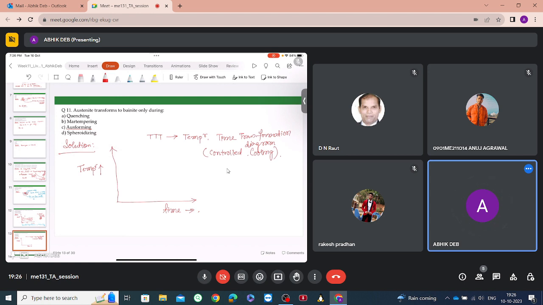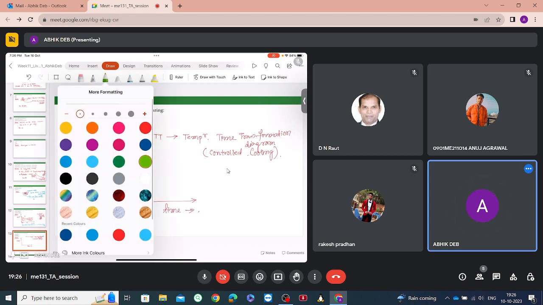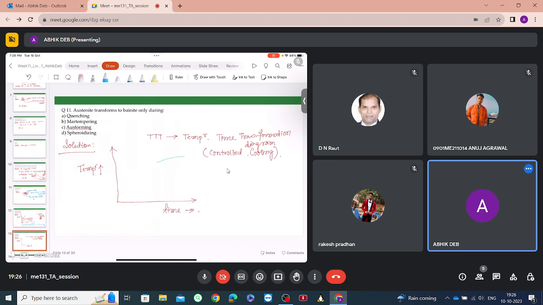So in this case, if we draw this, there will be something like this. Say this is 800 degrees, and above 800 we will only have homogeneous austenite. This is called, what is this called?